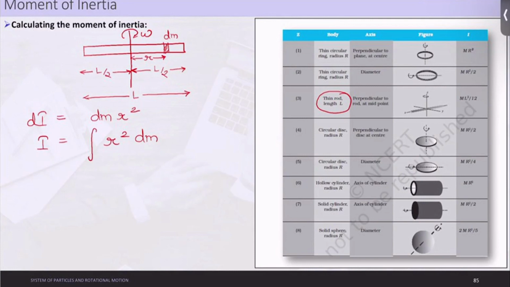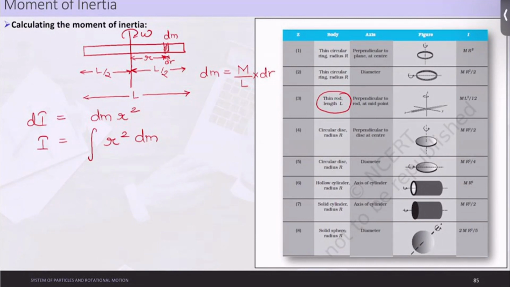Now for this rod, dm can be said to be equal to mass per unit length into dr. Try to understand this very carefully. So dm is equal to mass per unit length into dr, because we are focusing on this small element, which is your dr.